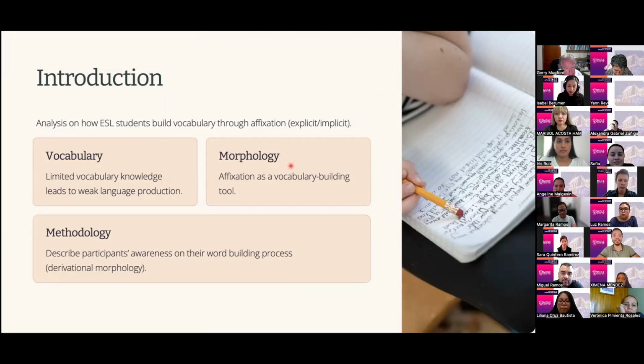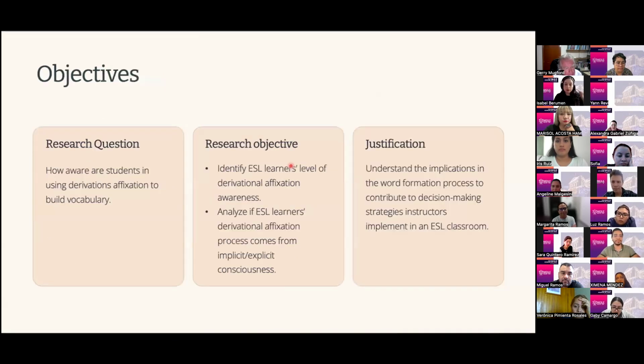Now, I divided this into 3 sections. The first one is vocabulary, the next one is morphology, and the last one is about the methodology. So in vocabulary, I mixed the educational and learning process of vocabulary, and then the morphology section is about the affixation process. And finally, how I'm going to work with the methodology.